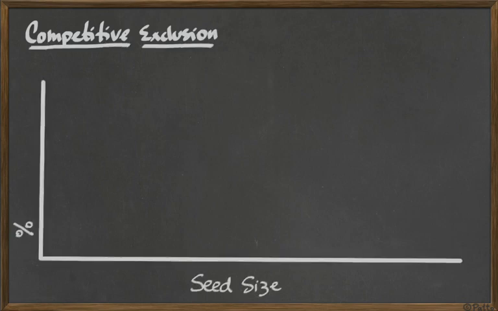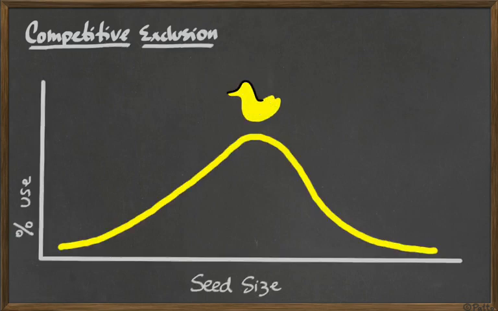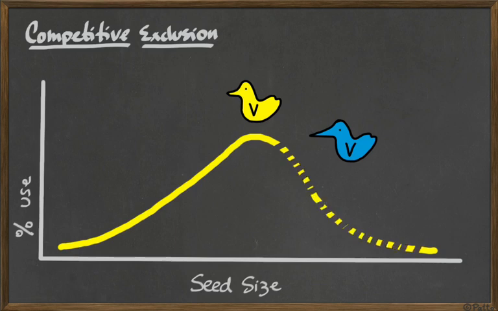So this is the idea of fundamental and realized niche, which brings us to the idea of competitive exclusion. So the yellow birds, they're happy living with a very wide fundamental niche in an island all for itself. And then a bird with a bigger beak arrives and ends up out-competing the yellow bird in the higher size of seeds part of the niche.